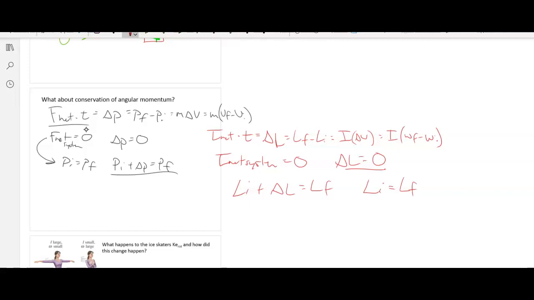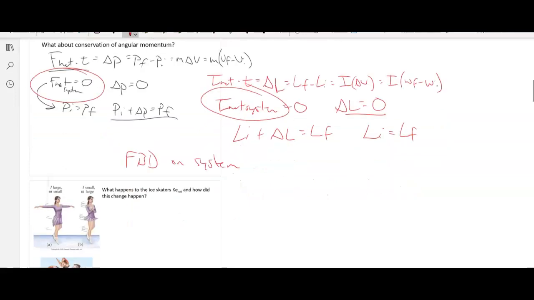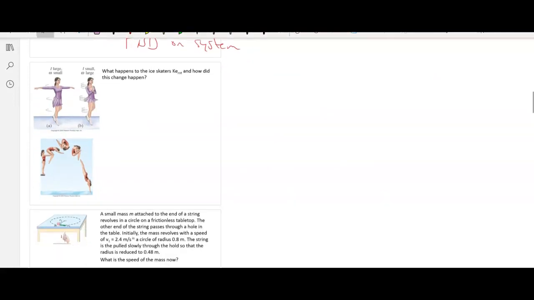So it's really, really important that here F net and torque net have to equal 0. So your free body diagram on your system is insanely important, because that's how you're going to be able to answer these. Most likely they're also going to ask conceptual questions, so that's where you need to be able to understand what's going on. So let's look at this example.